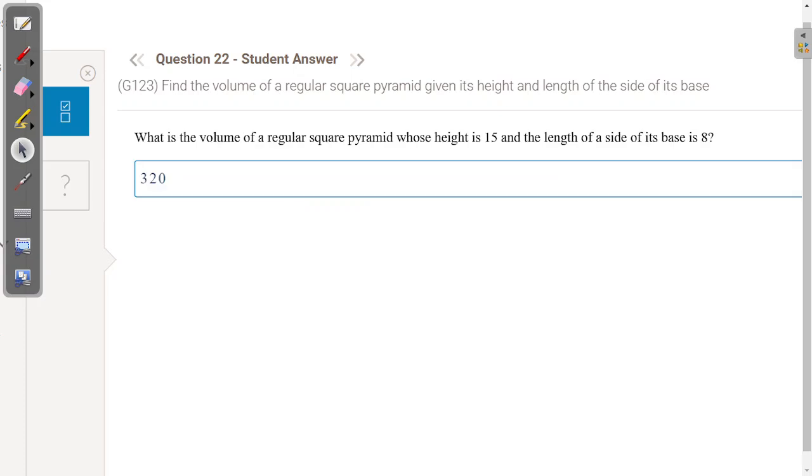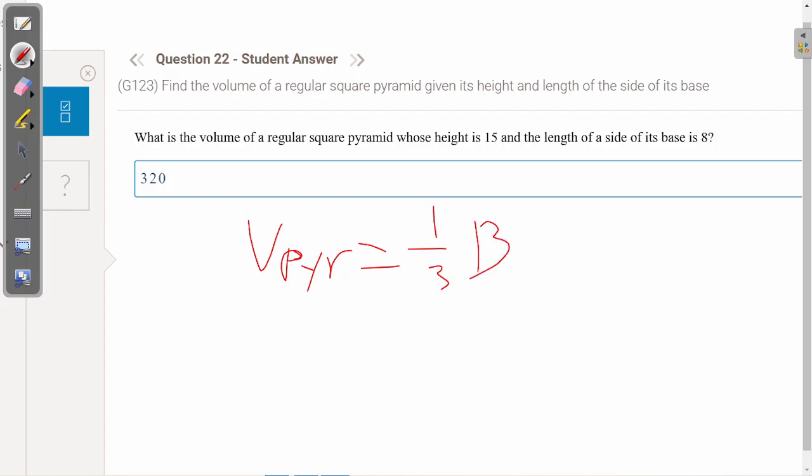Find the volume of a regular square pyramid whose height is 15 and side length is 8. For pyramids, it's the same. It's 1/3 the volume of a prism. So it's 1 over 3 times the area of the base times the height. It's a square pyramid, so the base is a square.